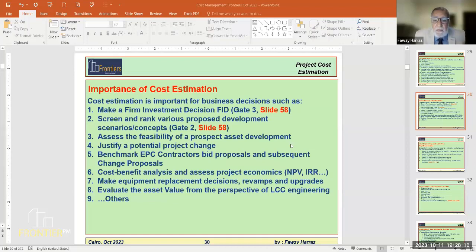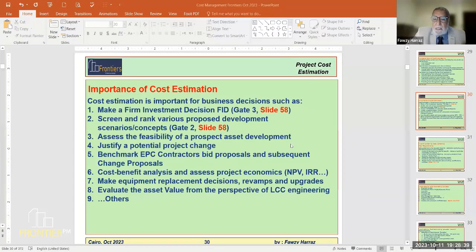Evaluate asset value from the perspective of life cycle cost engineering, LCC. Life cycle covers various stages of the asset, from planning and feasibility through construction and then operation until the end, abandoning and decommissioning at the end of the lifetime, maybe after 40 years or longer.